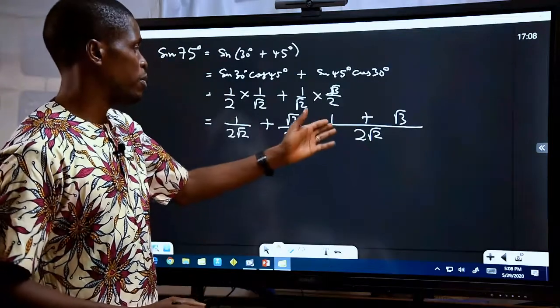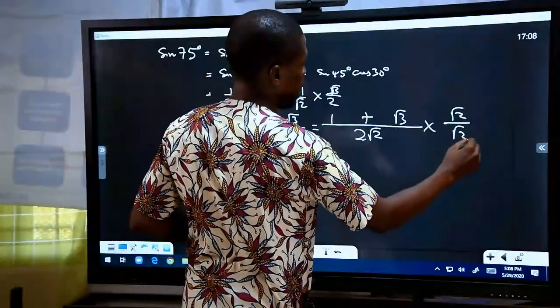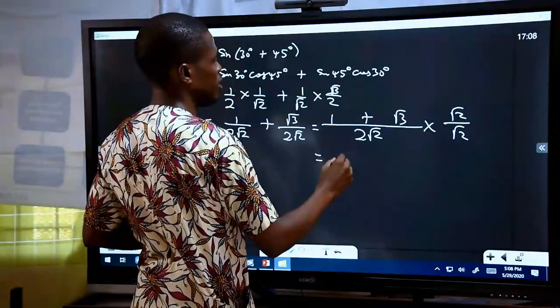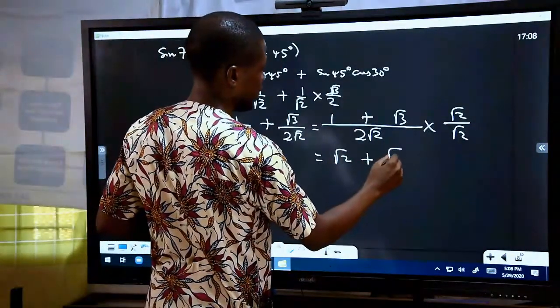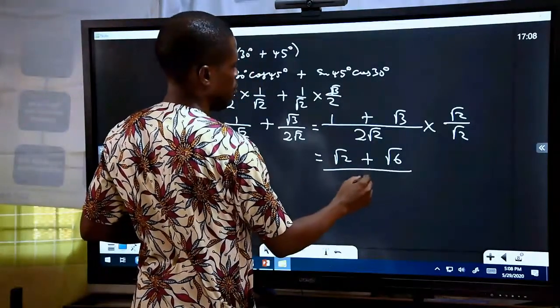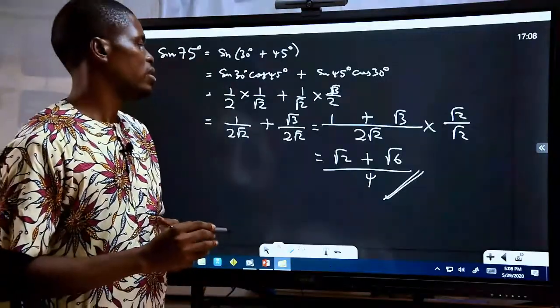You can simplify further by rationalizing, multiplying by root 2 over root 2. We have root 2 plus root 6 over 4 as the answer.